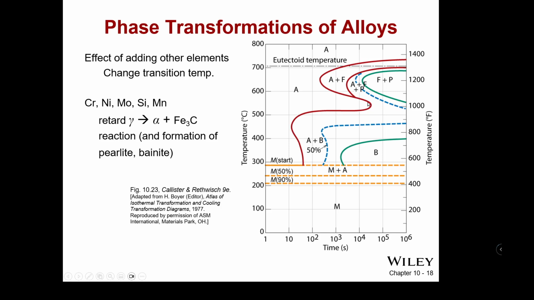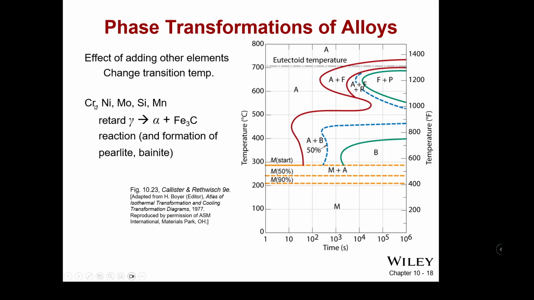Now, the curves go much differently when you have phase transformations of alloys and how all of this will work. The effects of adding in other elements and changing these materials come by changing the transition temperature, and these alloying elements do that.